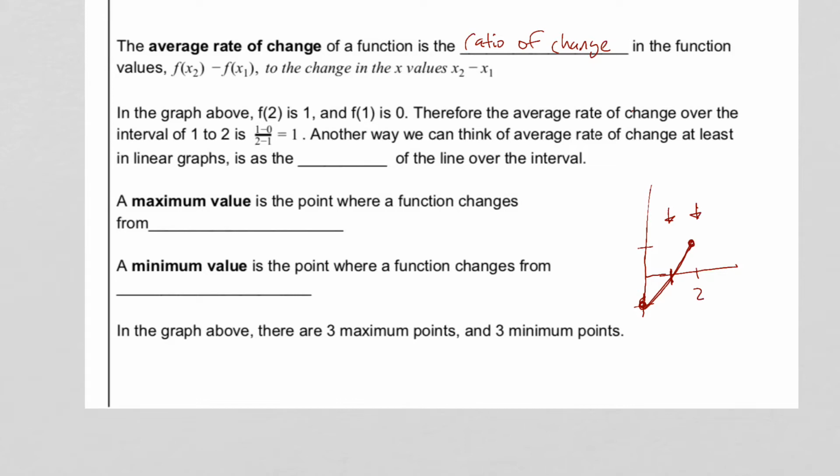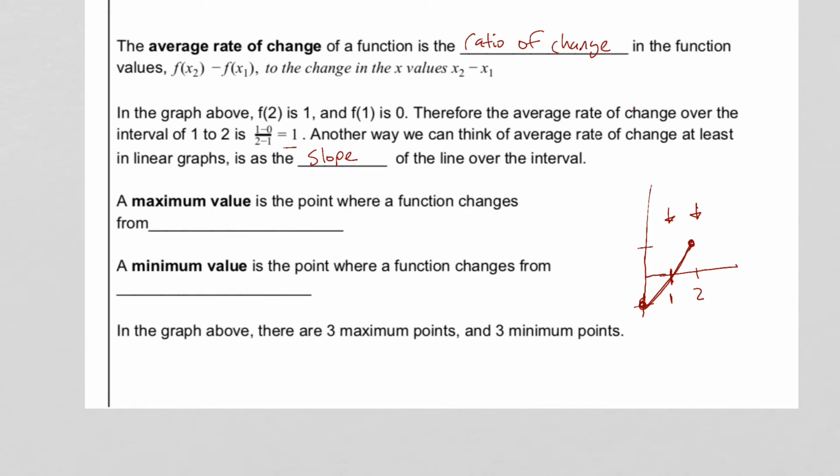It went up 1, so it's 1 minus 0, and between 2 and 1, 2 minus 1. So the rate of change, and you might have remembered this from last year, is also known as the slope of the line over the interval.